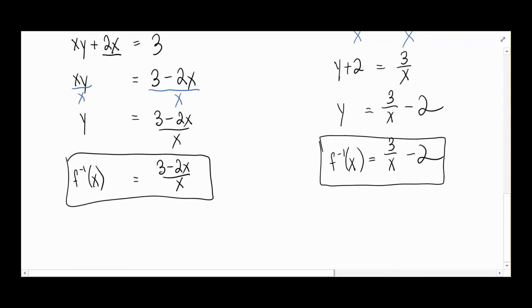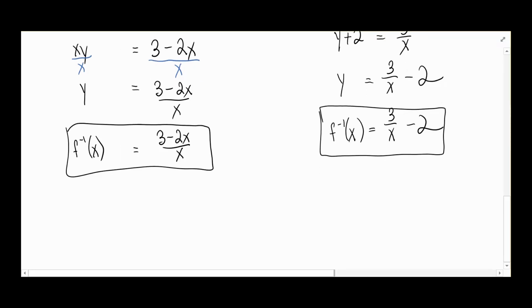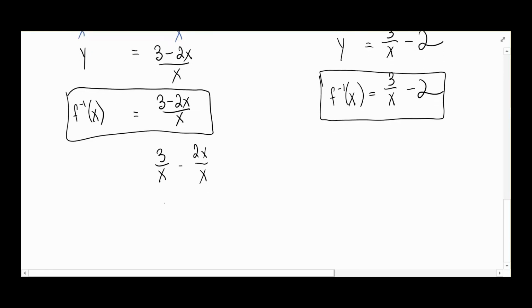Now, I do bring this up, though, because on a multiple choice final exam, for instance, you need to recognize that they're equivalent. So, for instance, from our first one on the left, if I were to distribute the x into both sides, then this becomes 3 over x minus 2, and we can see it's equivalent to the other one.